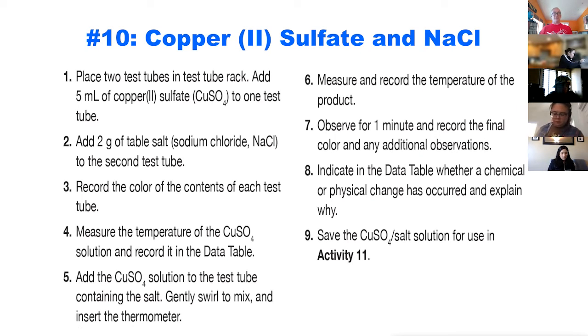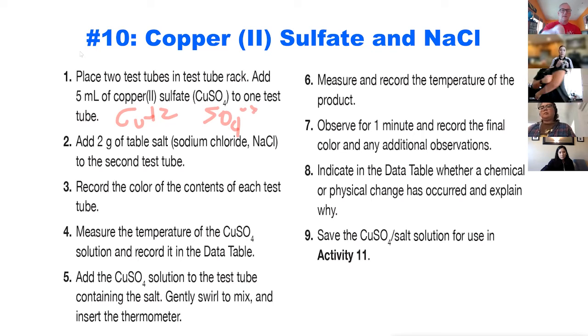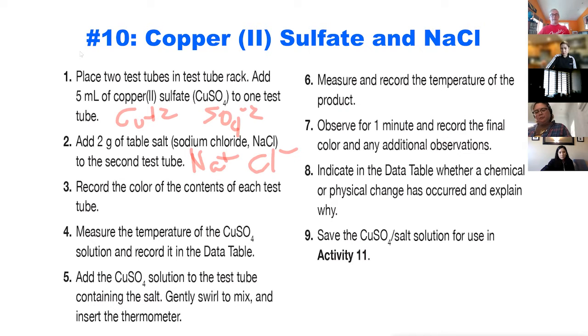Then we're going to take the copper sulfate and add just straight up sodium chloride to it. So now we have copper 2 ions, and we're going to have sulfate ions in solution. And then to that, we're going to add sodium ions and chloride ions.